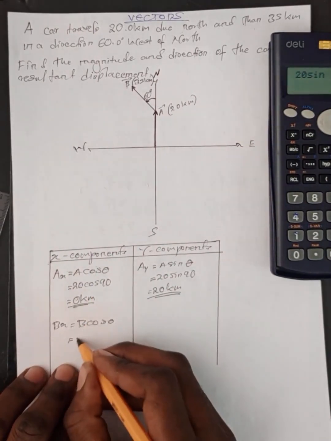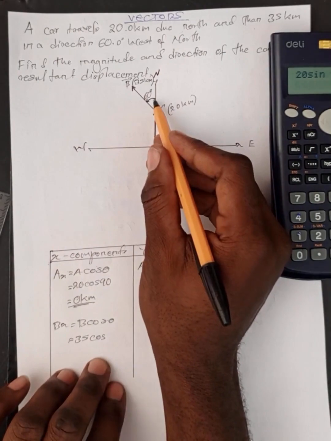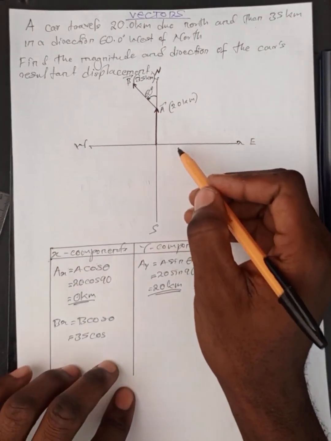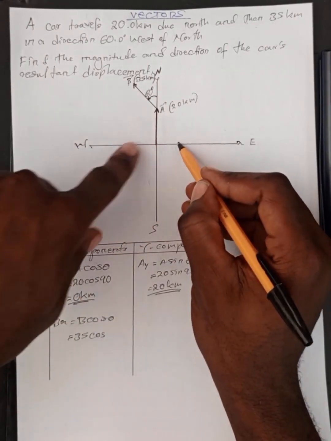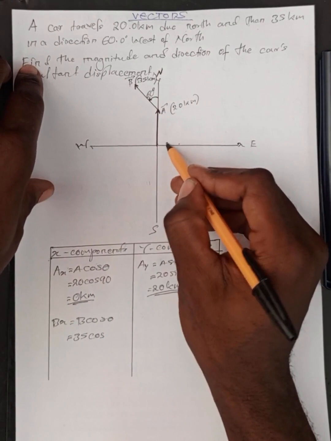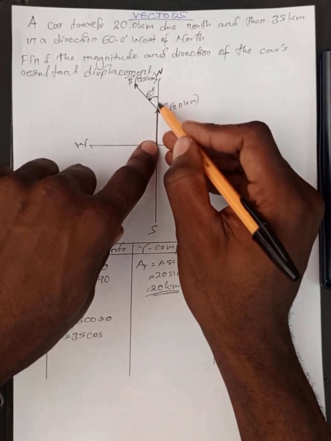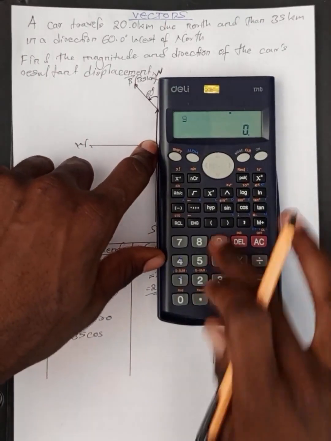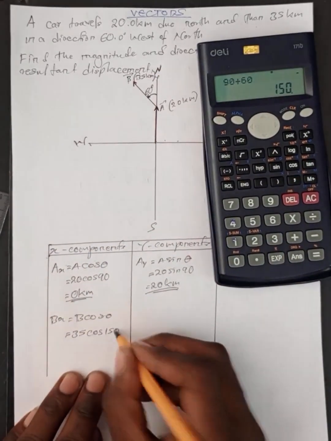B is 35, and theta is 60. Now, in the first video, I said that we measure the angles from the x-axis. So we start from here, going that side. From here to here it is 90, then there is an addition of 60 degrees from 90. So we say 90 plus 60, and we have 150 degrees.